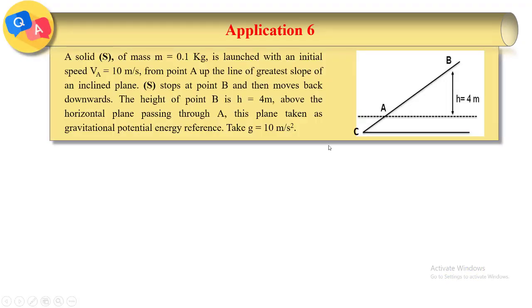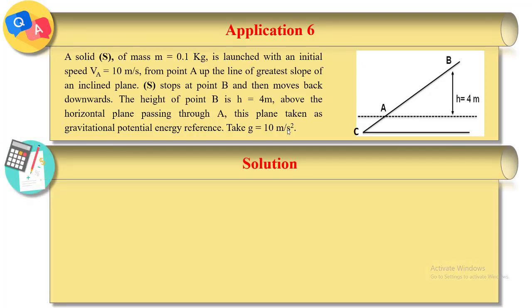To get more practice, let's solve application 6. We have a solid of mass m equals 0.1 kilogram launched with 10 meter per second toward point B. Then the solid is returned back. The plane passing through point A is taken as the reference for the gravitational potential energy, and we have g equal to 10 meter per second square.